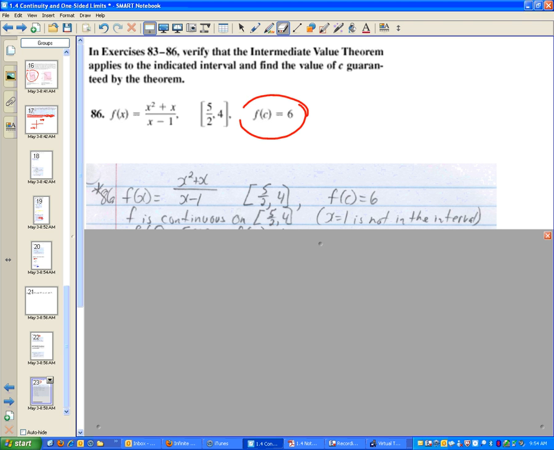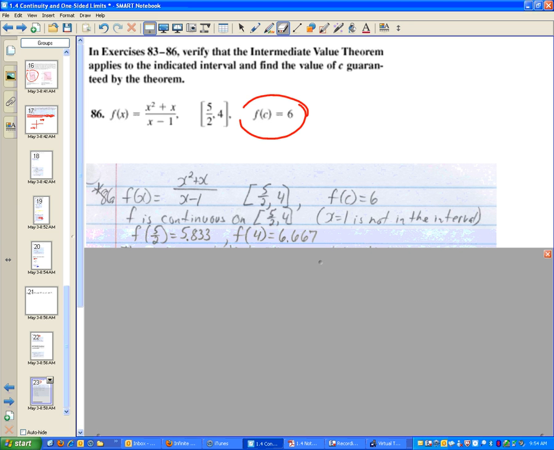Now, find f of A and f of B, and I just use my calculator to do it. f of 2.5 turns out to be 5.833. f of 4 turns out to be 6.667. Trust me.